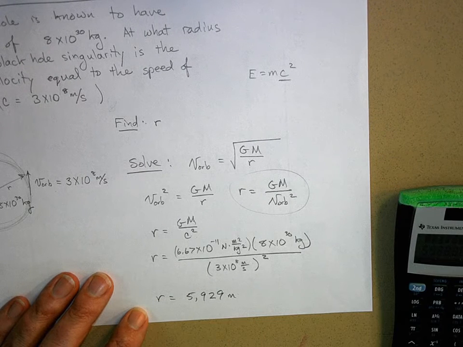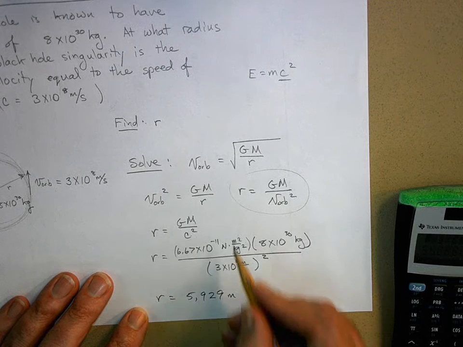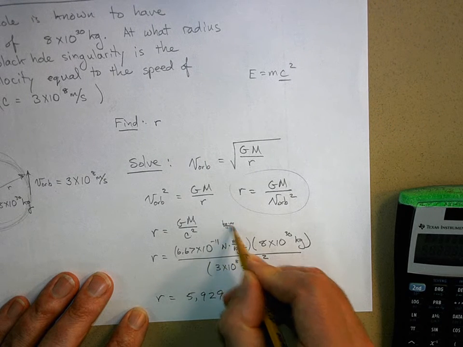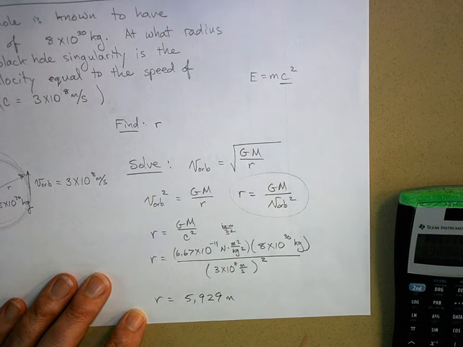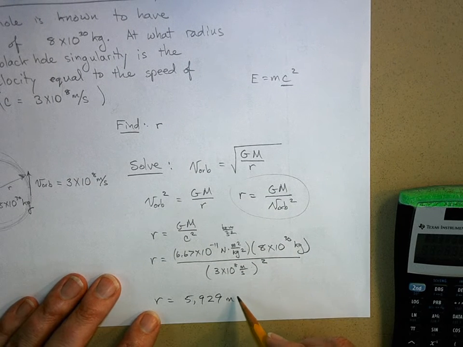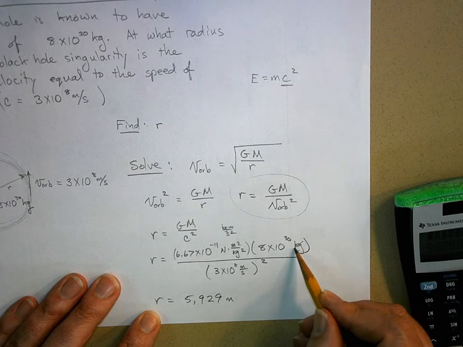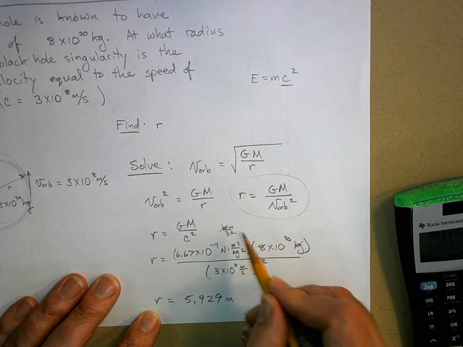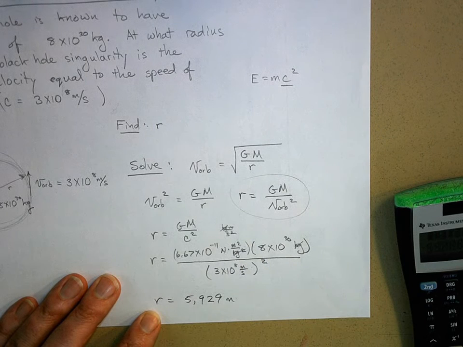Now let's make sure that the units work out here. A Newton is a kilogram meter per second squared. So we've got a kilogram canceling, kilogram times kilogram canceling the kilogram squared.